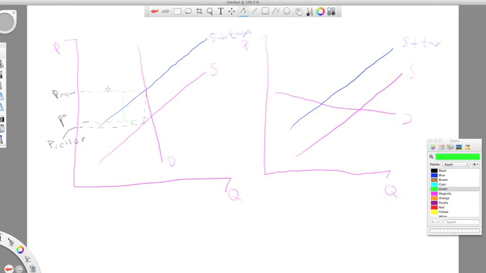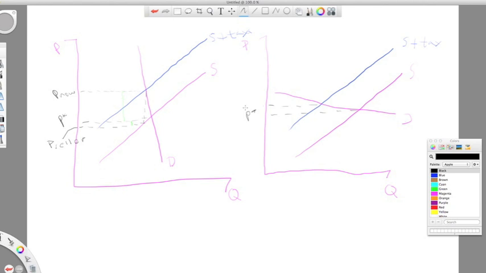In this example, if the tax is $10, it looks to me that the buyer pays maybe $8 or $8.50 or even $9 of the tax, somewhere in the 80-90% range, and the seller pays that little bit down there at the bottom. Over here, of course, we have a different kind of story. The market originally starts off at this price, P star. After the tax is imposed, price goes up.